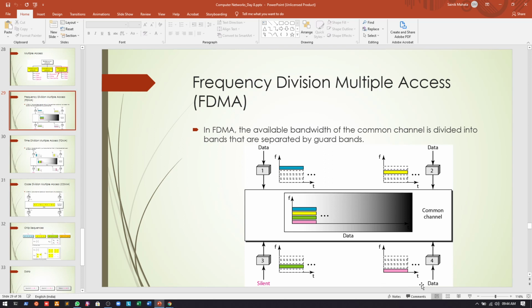Now you can see that station 1 is sending data, station 2 is sending data, station 3 is silent in this case, and station 4 again is sending data, right?